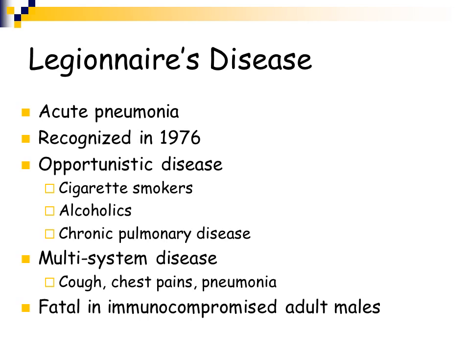Legionnaire's disease is a multi-system disease. The symptoms include coughing, chest pain, like lung pain, and of course your pneumonia. And it can be fatal in immunocompromised adults, especially the severe infection tends to be more highly associated with men.